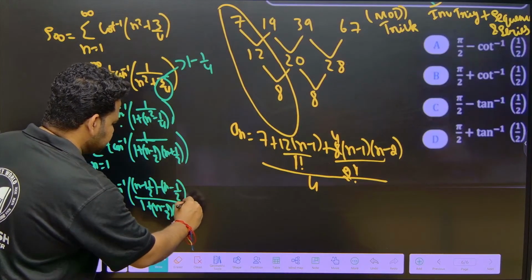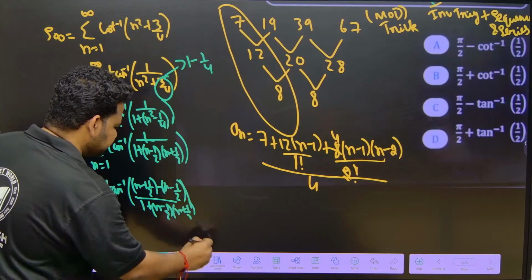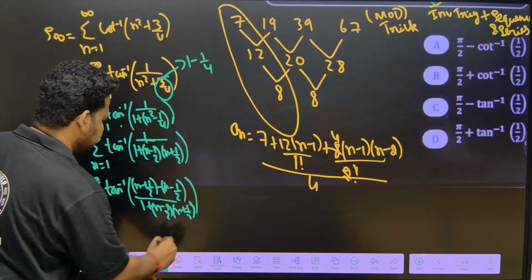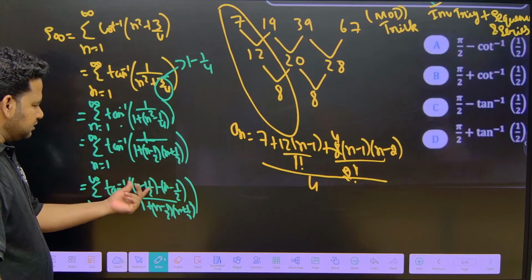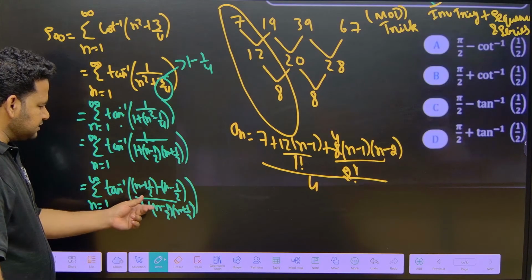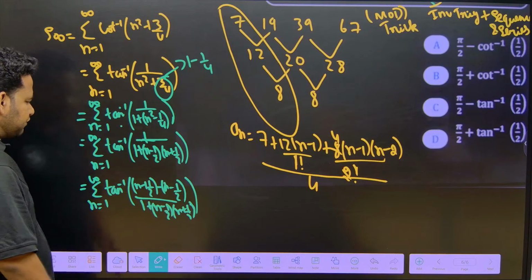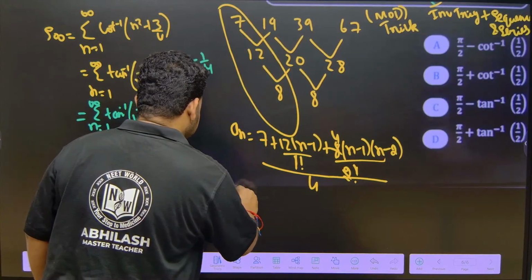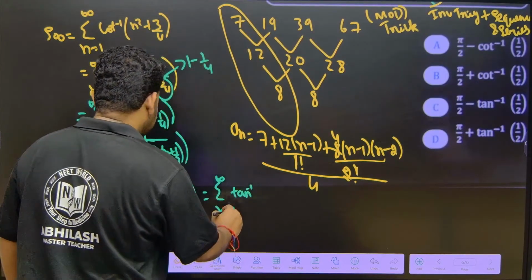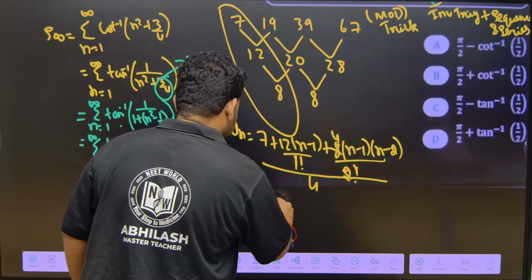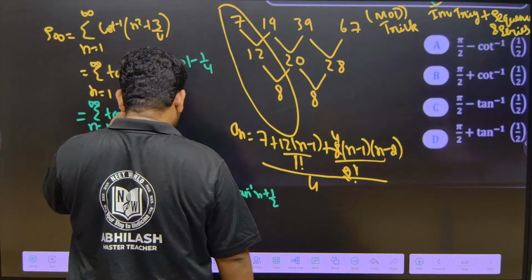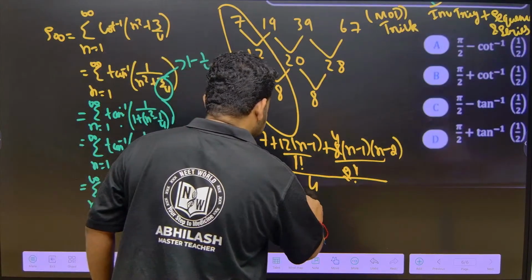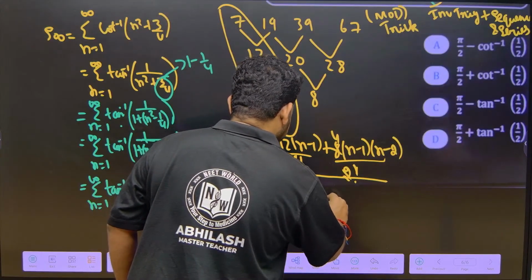So this is nothing but which form, friends? This is nothing but tan inverse of a minus b by 1 plus ab. So this is equal to summation of n running from 1 to infinity tan inverse of n plus 1 by 2 minus tan inverse of n minus 1 by 2.